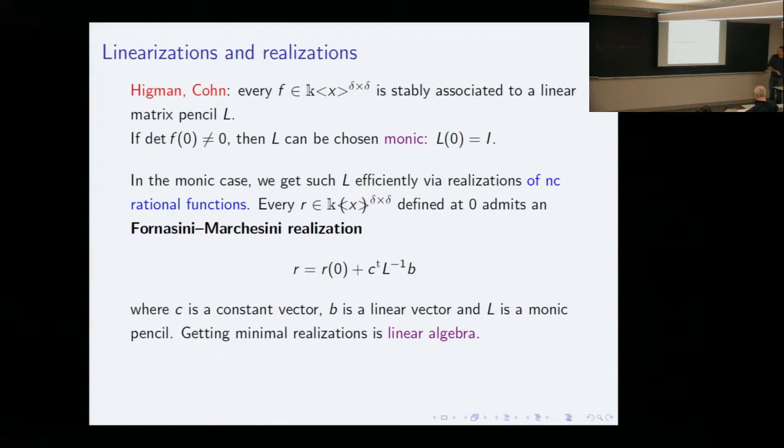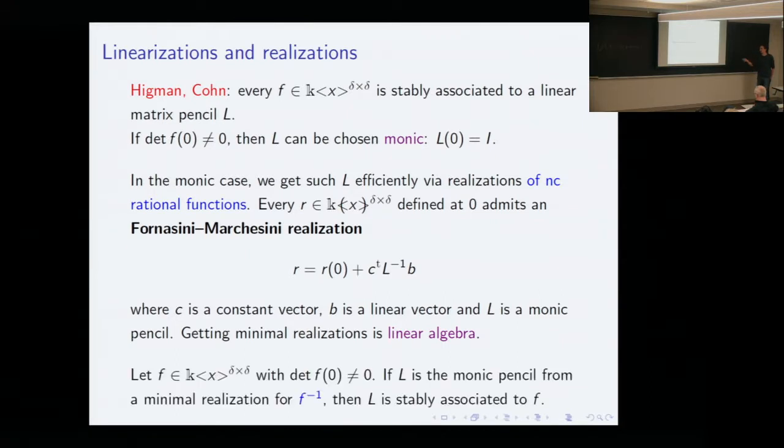Now the important thing is getting a minimal realization. If you give me a rational function R and you want to find a realization like that, that's essentially linear, how do you find the minimal one? And why is that important for us?